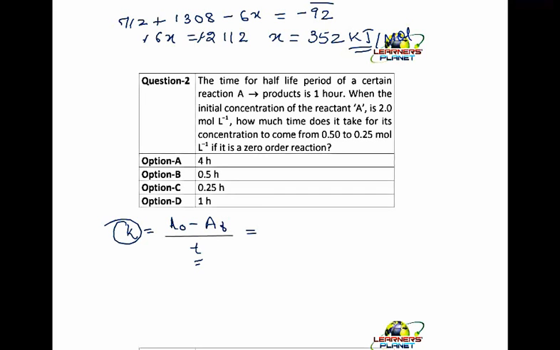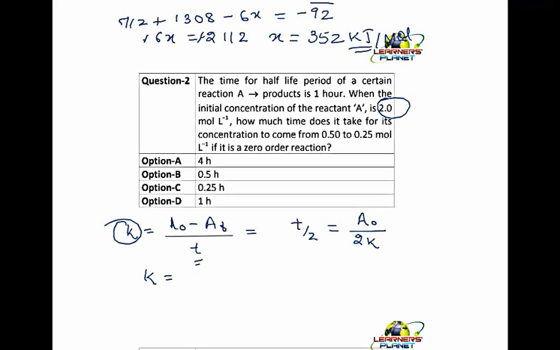We don't know it. We have to calculate time also. Can we find out K from the first step? The half-life period of a certain reaction is 1 hour. Now what is the equation for half-life period? For a zero order reaction, T half is equal to A0 by 2K. Now we can find out K from here.